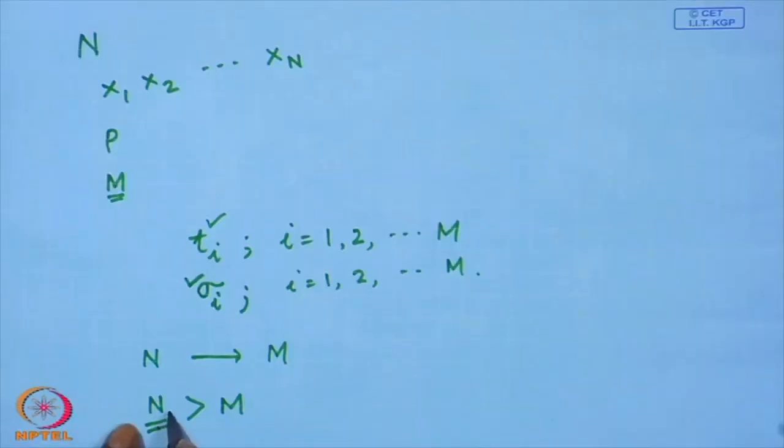I cannot form more clusters than the number of feature vectors provided. So, our assumption is that the number of feature vectors N is greater than the number of clusters M.